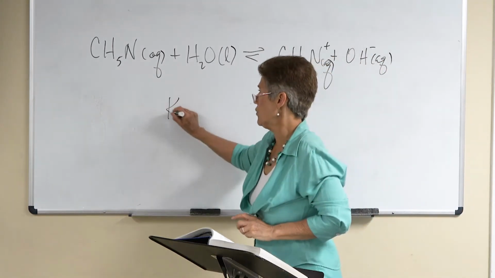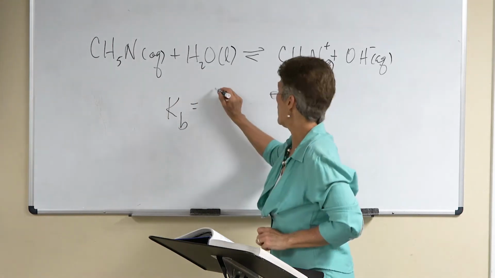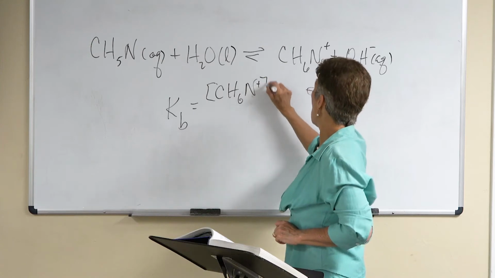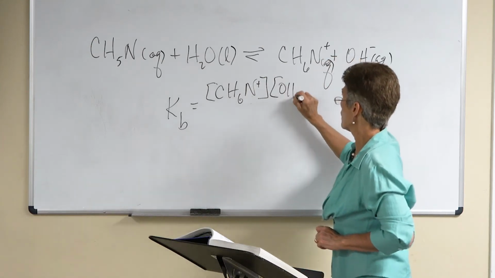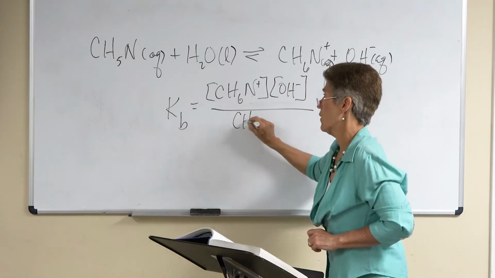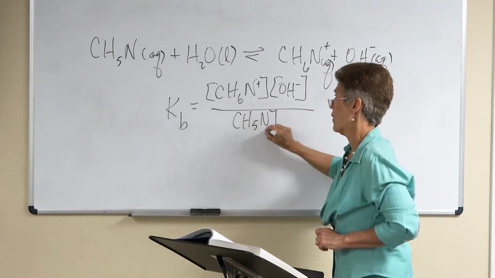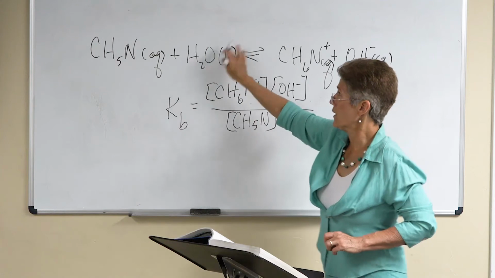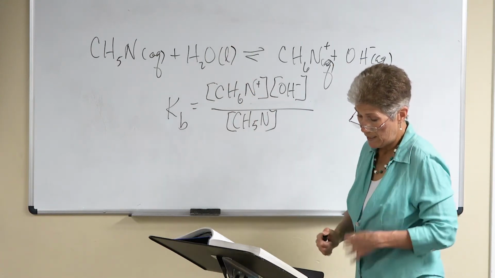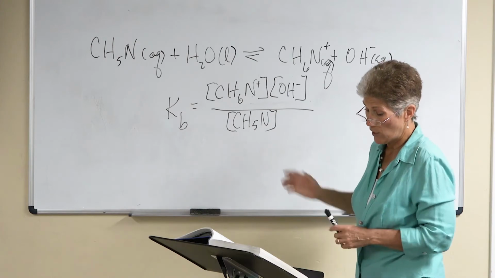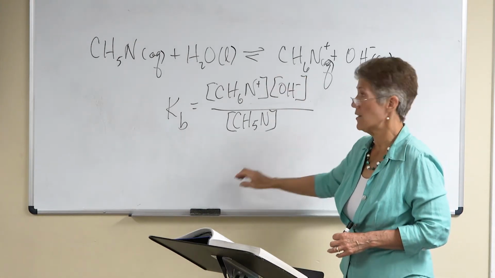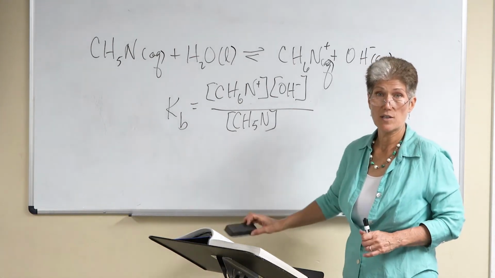And then we're going to do the equation by including everything in the aqueous phase. But we're going to leave the water out. So that, for number 17, would be your base ionization constant. That's the equation. That's how we make it into the base ionization constant.